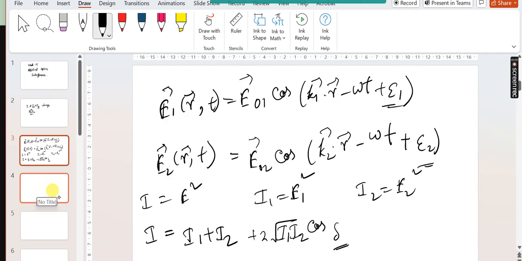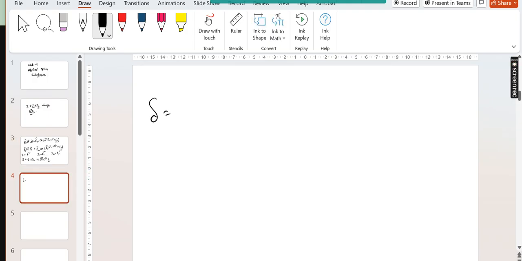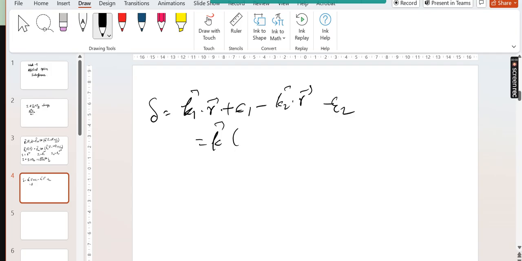Delta is the phase difference. For these waves, delta is k1 dot r plus epsilon 1 minus k2 dot r minus epsilon 2. We can write it as k(r1 minus r2). Okay, sorry.